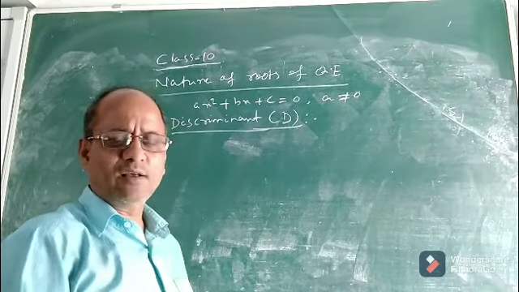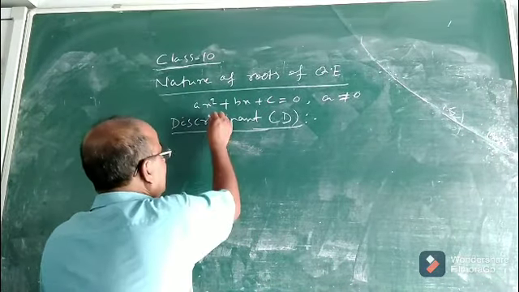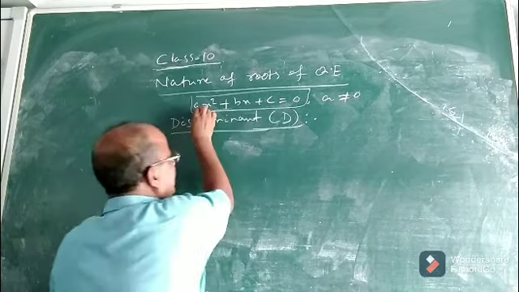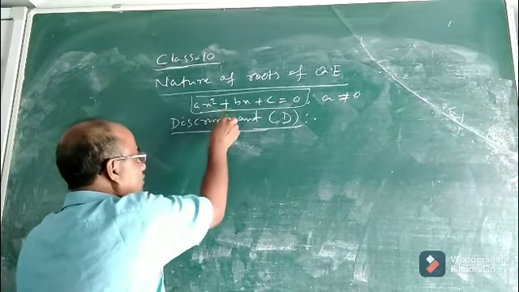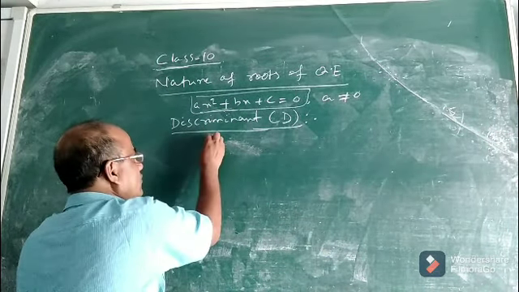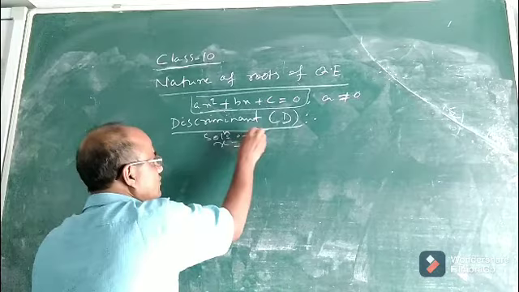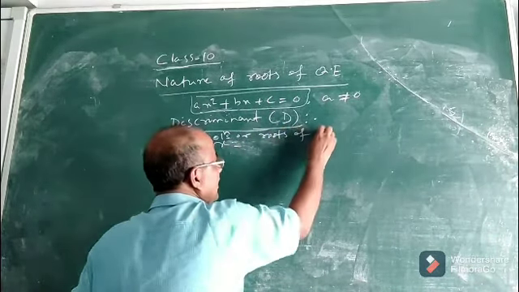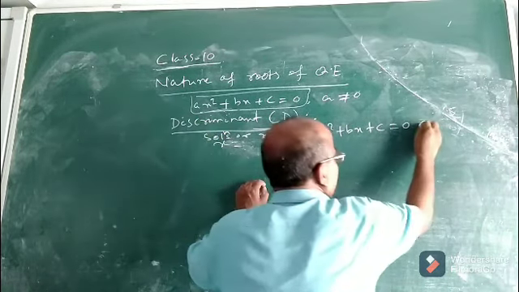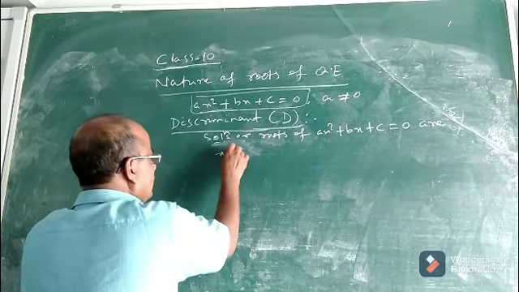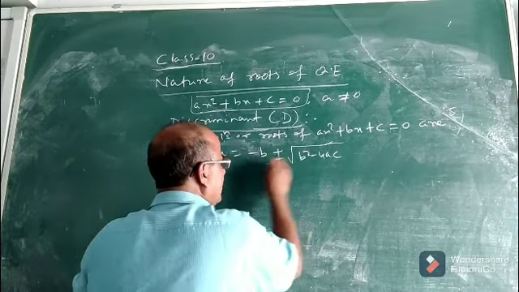Children, while solving this quadratic equation by using the quadratic formula, which I derived in the previous class, we found that the solutions or roots of ax square plus bx plus c equal to 0 are given by x equal to minus b plus or minus square root of b square minus 4ac, whole divided by 2a.